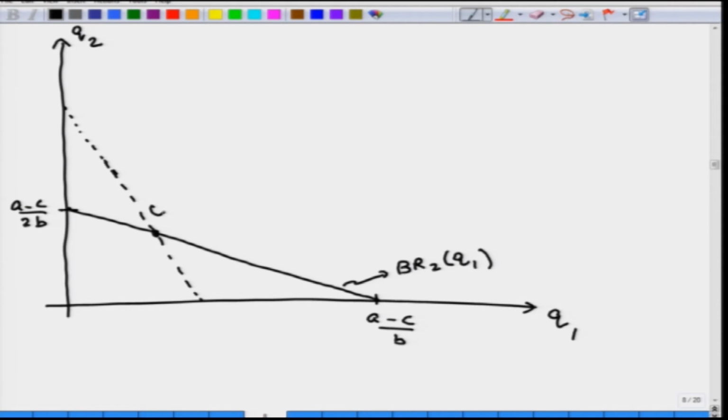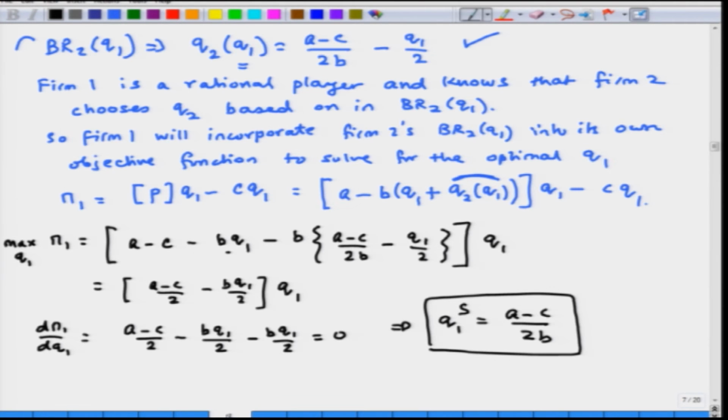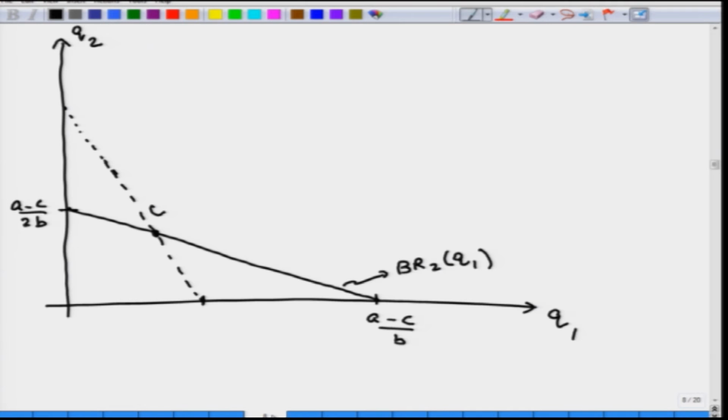So, what firm 1 is choosing is an output which is (A minus C) divided by 2B. Notice this is also the output which is chosen by a monopolist, right. So, if I had only one firm in the market, that firm would have chosen an output equal to (A minus C) by 2B. So, the Stackelberg output, Q1S, is (A minus C) divided by 2B, which is also the monopoly output.